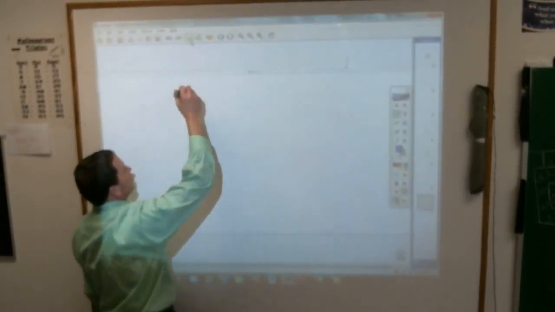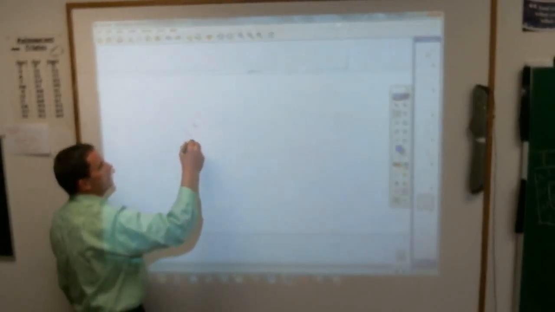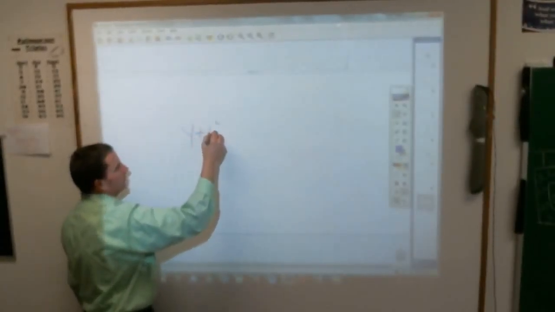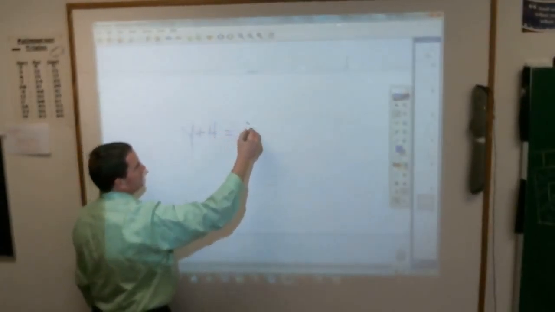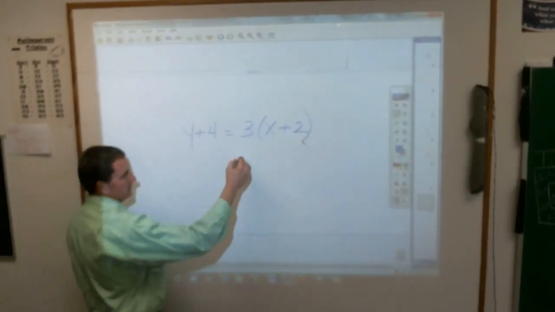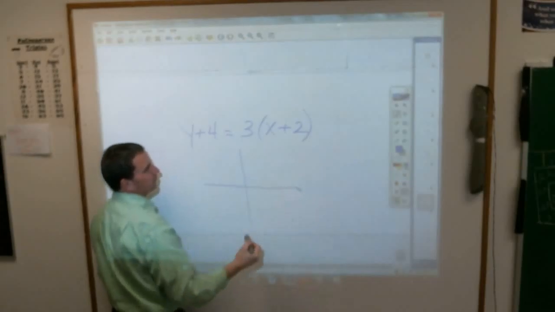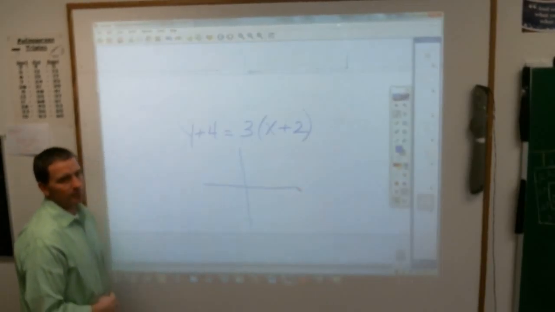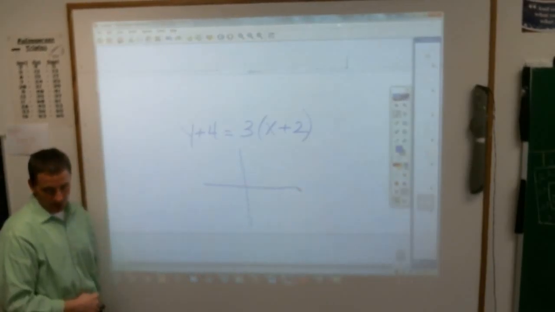So here we go. Look at this one: y plus 4 equals 3x plus 2. If you are graphing that, you know it has a slope of 3, or 3/1, but what point do I start off with?